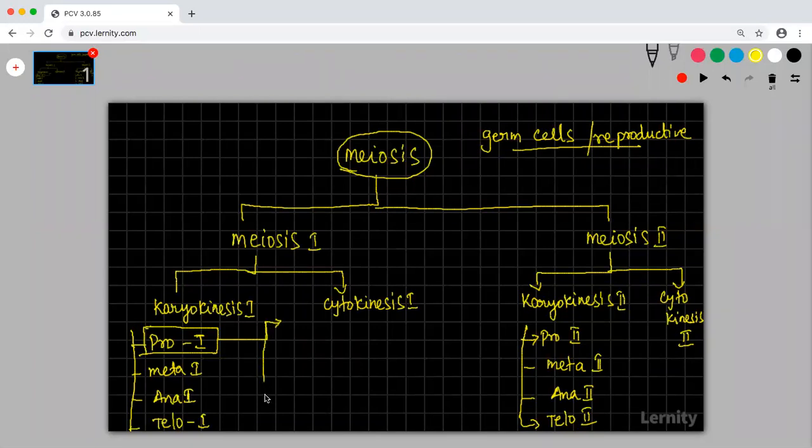It consists of 5 phases. What are the 5 phases? Leptotene, zygotene, pachytene, diplotene, and diakinesis.